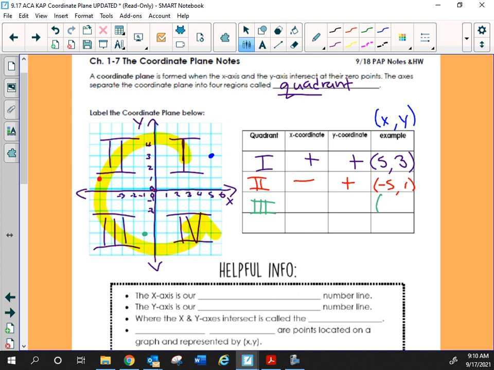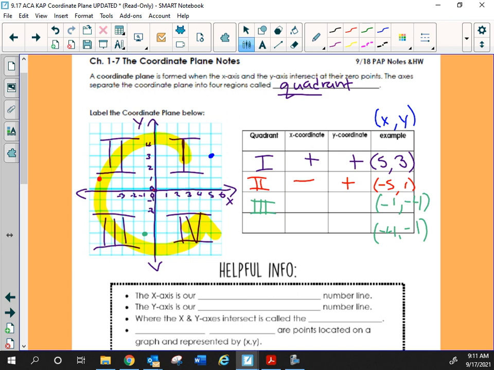Starting at the origin, I have to go left 1, so that's going to be -1, and then down. So that ordered pair, it's also called an ordered pair, -1, comma, -4. Now real quick, is that the same thing as -4, comma, -1? No. That's in a completely different place.